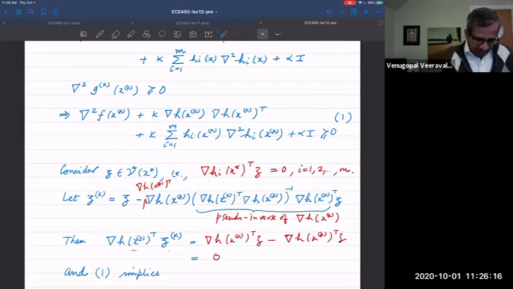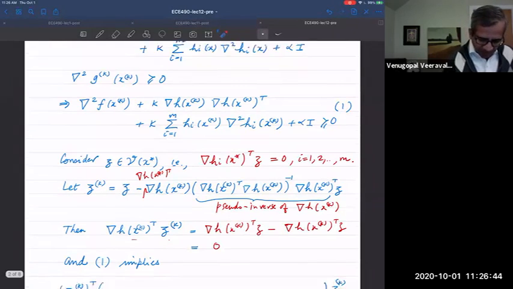If I take the z_k vector and z_k transpose with the gradient of h at x_k transpose matrix, that will give me 0. And post multiplying by z_k will give me 0 as well. So if I pre-multiply this matrix by z_k transpose and post multiply it by z_k, then this term should disappear, and only this term and this term will remain. So that's what I'm going to do.